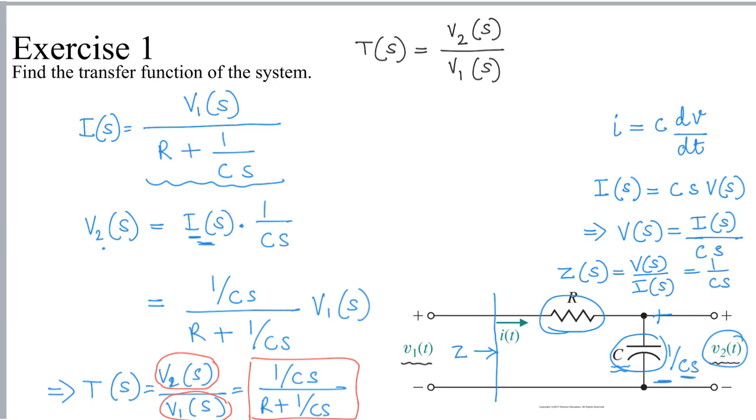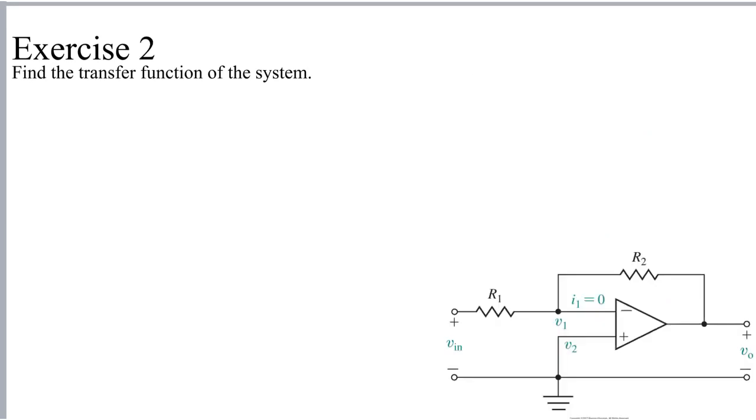Okay, so let's take one more example and see how that works. I'm sure you are quite familiar with the circuit on this slide. It's an inverting amplifier, right? What is the transfer function of this system?